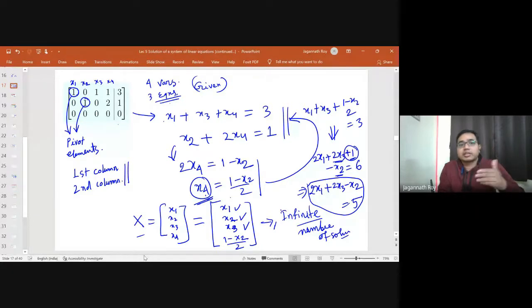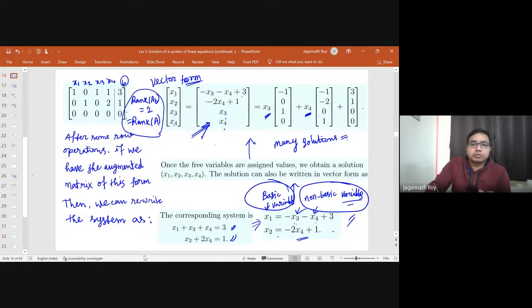But this is not a preferable method, because here you have to assume three arbitrary values, x1, x2 and x3. But if you go here, just two arbitrary values are sufficient to get the solutions.